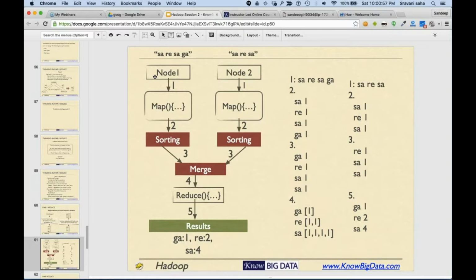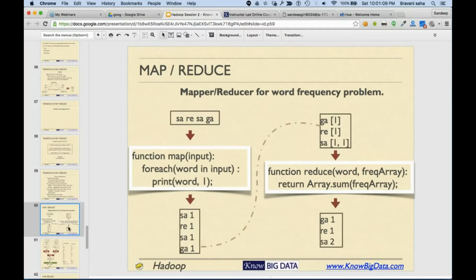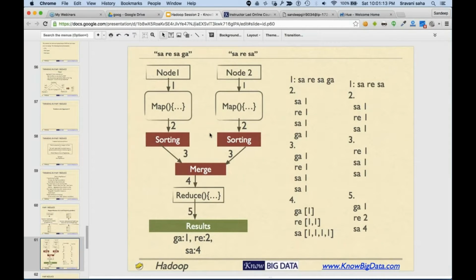And then on these two machines, for every record or for every line, your same mapper function will get executed. Okay, here I was trying to show you in case your file is really small. Here I'm trying to show you in case your file has two blocks, one on one machine, another on another machine.